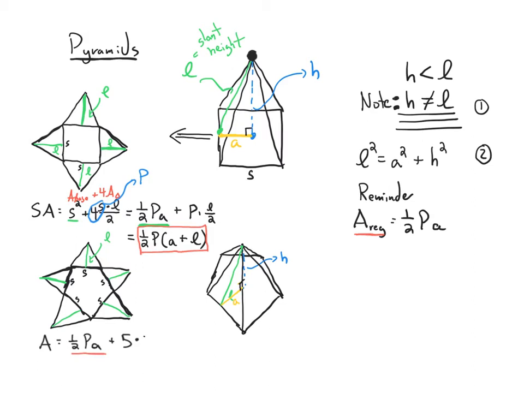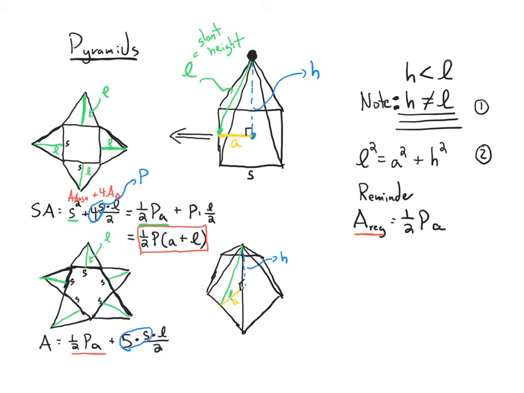Oh, maybe I'll put the s first, because it is the base of our triangle. S times L over 2. And the same ideas hold. Here's 5 times s, s plus s plus s plus s plus s. That is indeed the perimeter of our regular polygon, in this case a pentagon.